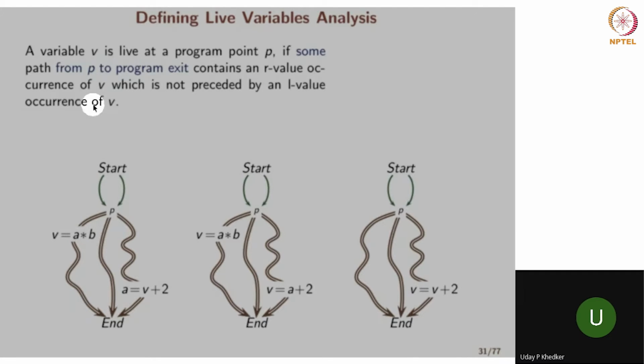Okay? So this definition has many loaded words. The first thing is we're talking about a variable being live, and therefore we can collect a set of variables as being live. Second thing is that we're talking about liveness of a variable at a given program point P, which means that a variable may be live at a program point P, but it may not be live at some other program point P prime. And therefore, our set of live variables could be different from one program point to another program point.